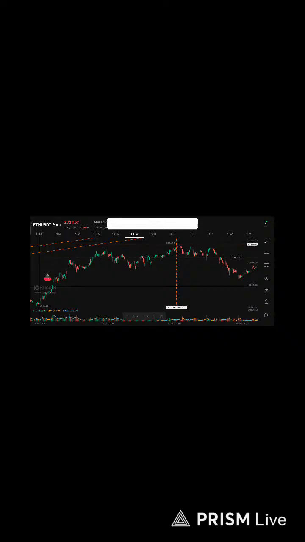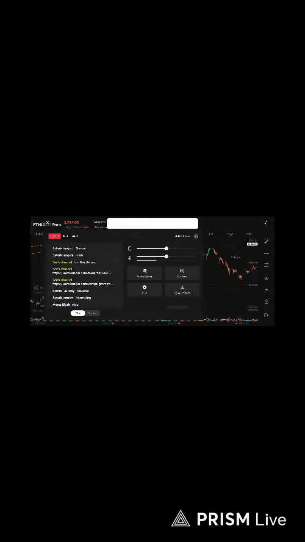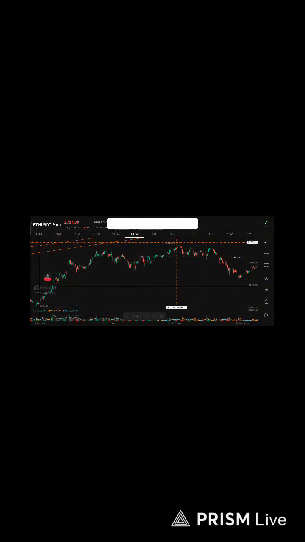Let's check the Solana chart to see if it's going to indicate another Morning Star candlestick pattern. Okay, just stay with me.